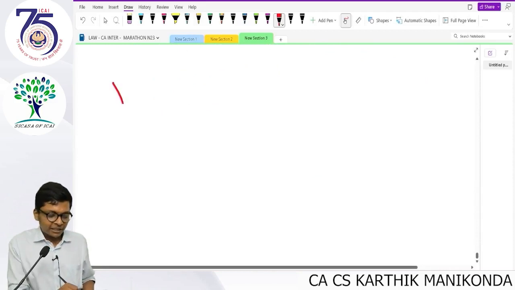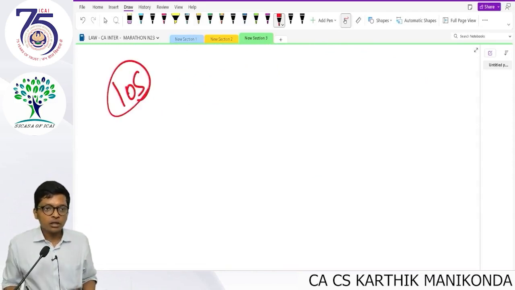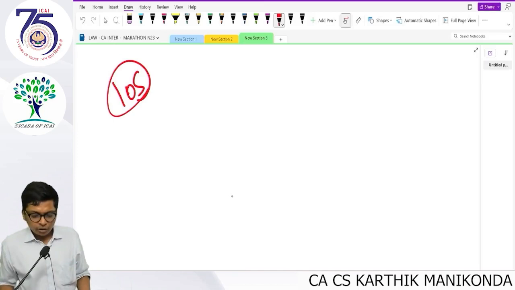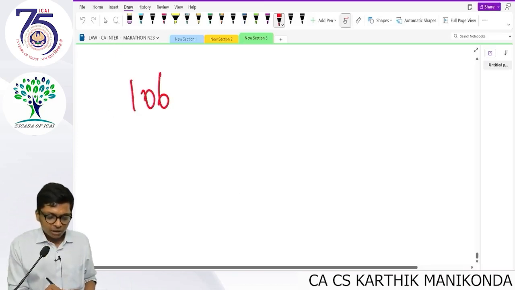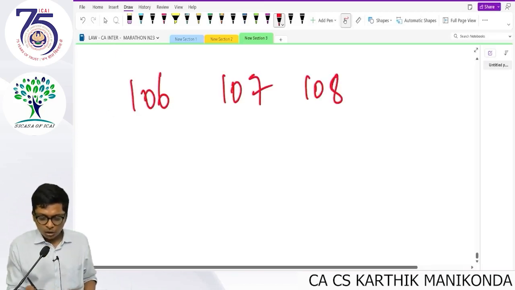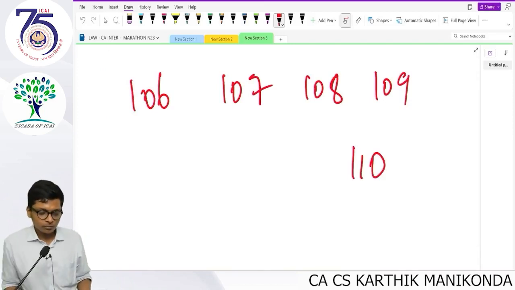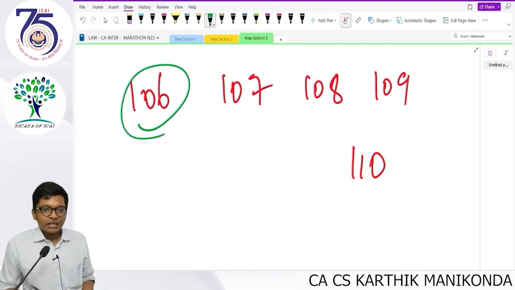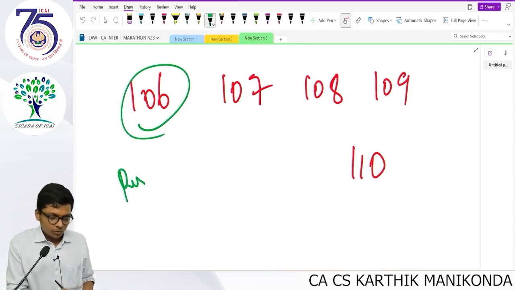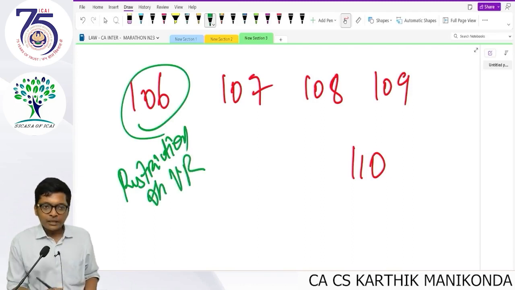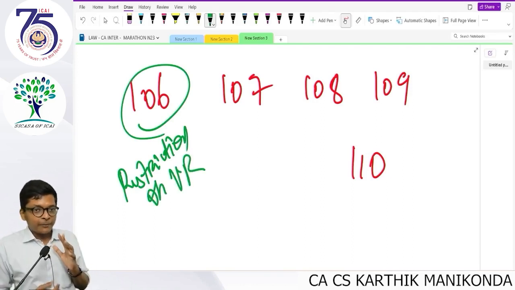Are you following section 105? Next set of sections, guys. 106, 107, 108, 109, 110. 106 talks about restriction on voting rights. Can a member vote?